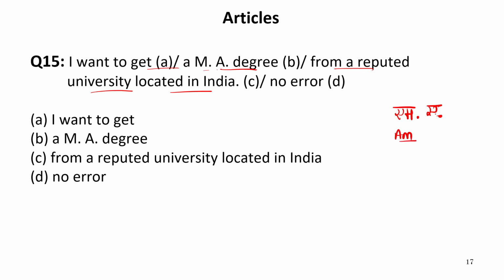So according to the pronunciation of this word, it is beginning with a vowel sound, not a consonant sound. That is why this A should be replaced with AN. So the error is in part B. So our answer is B.